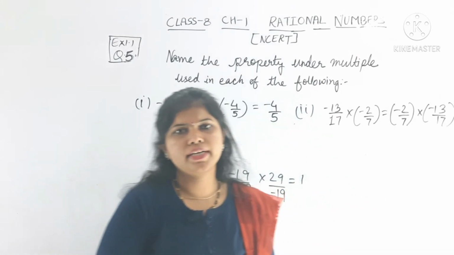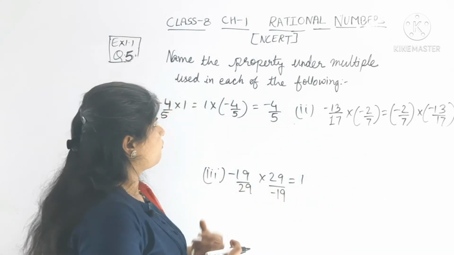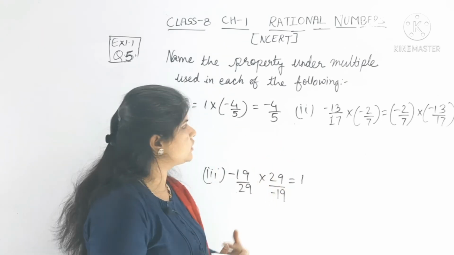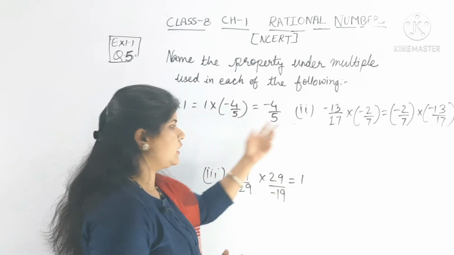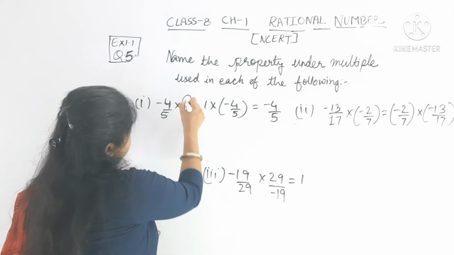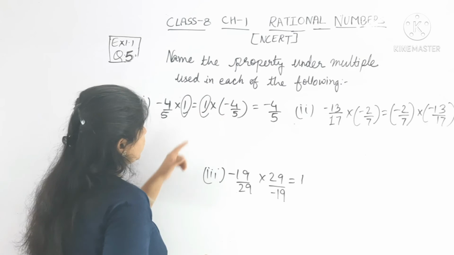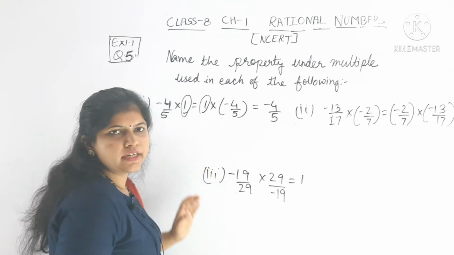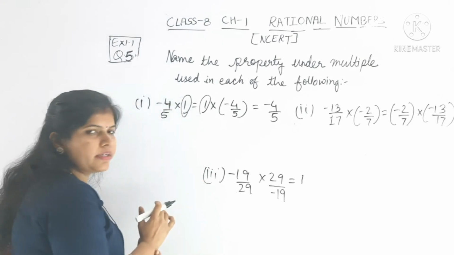Okay, let's see, students, what is question number 5. We have to name the property under multiplication used in each of the following. We have three questions. Okay, here you can see that 1 is used. So 1 as identity, in which property is it used?